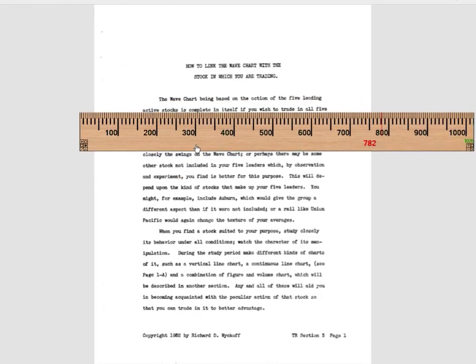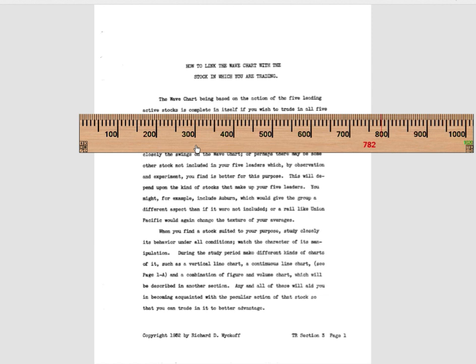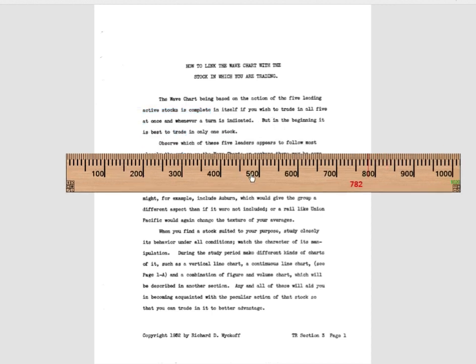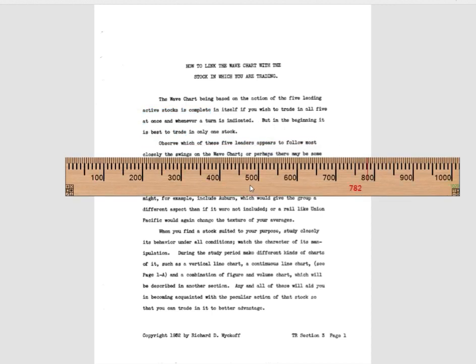The wave chart being based on the notion of the 5 leading active stocks is complete in itself. If you wish to trade all 5 at once, whenever a turn is indicated, you can do that. Meaning this is complete. You don't need to go out and look for another stock. You just trade the wave chart because it's complete in itself. But in the beginning, it is best to trade in only one stock.